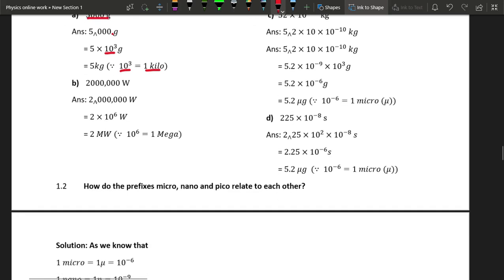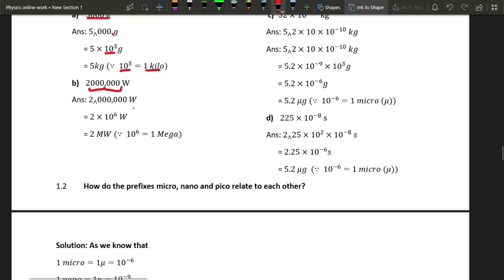Now we have 2000000. As the decimal point is at the end, we can move the decimal point either 3 digits or 6 digits. We cannot move between 3 and 6, because we have prefixes for 10 raised to power 3 or 10 raised to power 6.